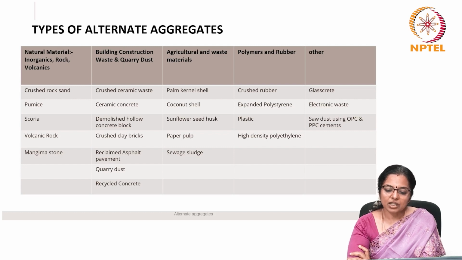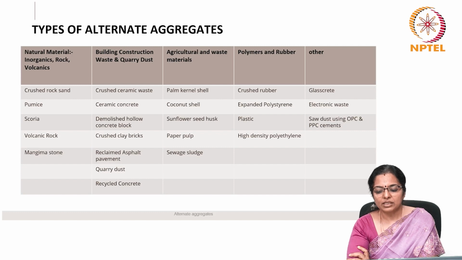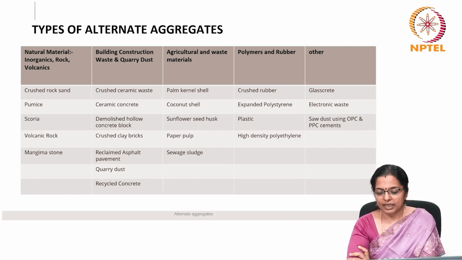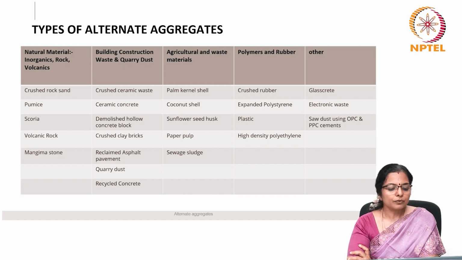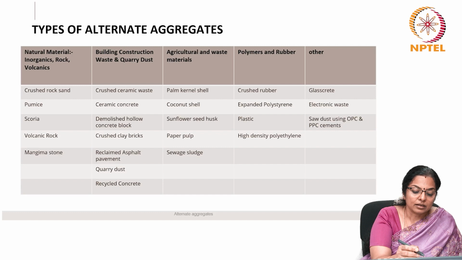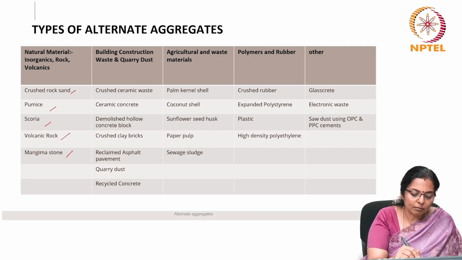It can be agricultural and waste materials. It could be polymers and rubber, or it could be any other material. From the natural material, we can have crushed rock sand, pumice, scoria, volcanic rock, and mangima stone.